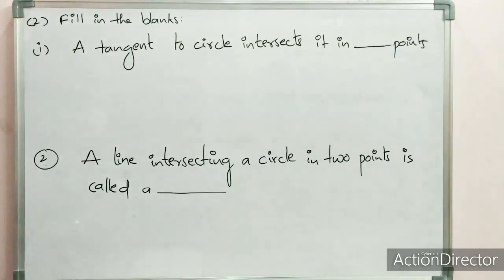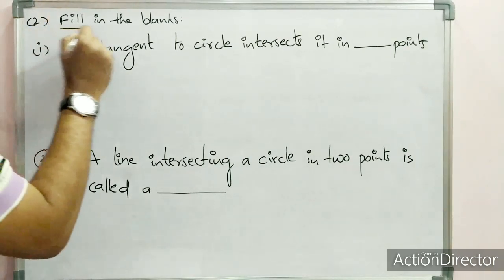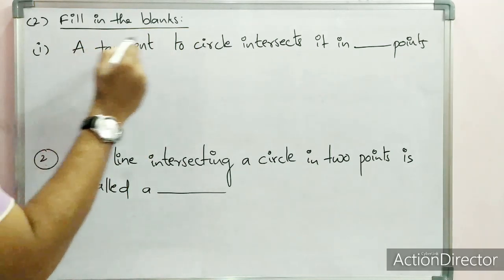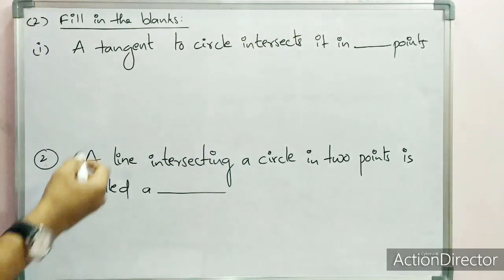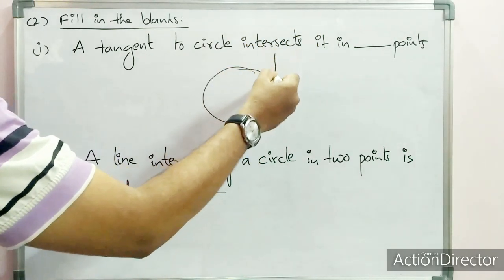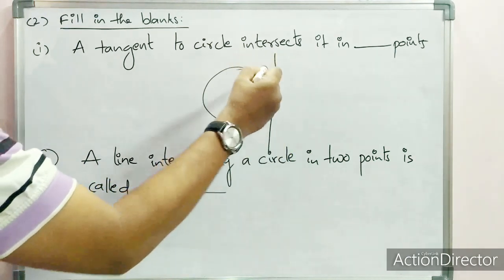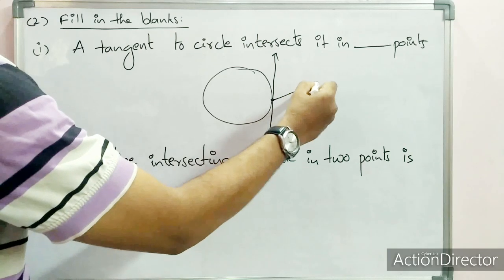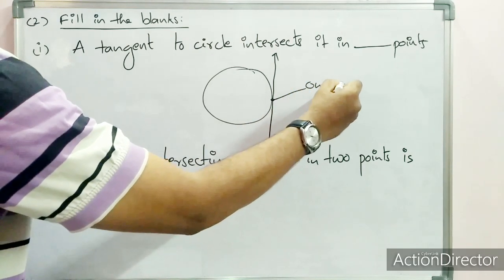Question number 2 is a fill in the blanks. Here the question is, a tangent to a circle intersects the circle at how many points? What is a tangent? A tangent is a line which touches at only one point.